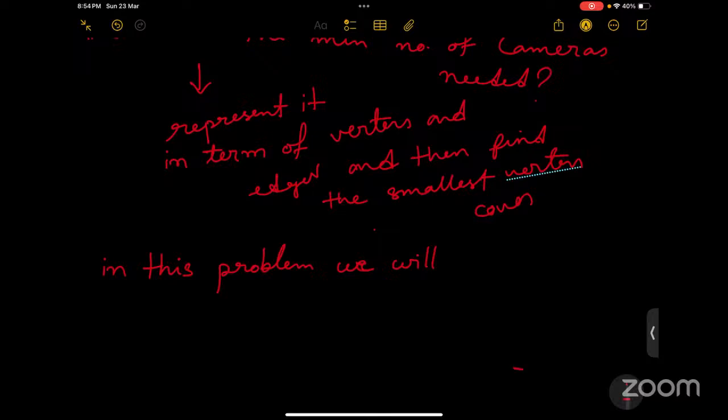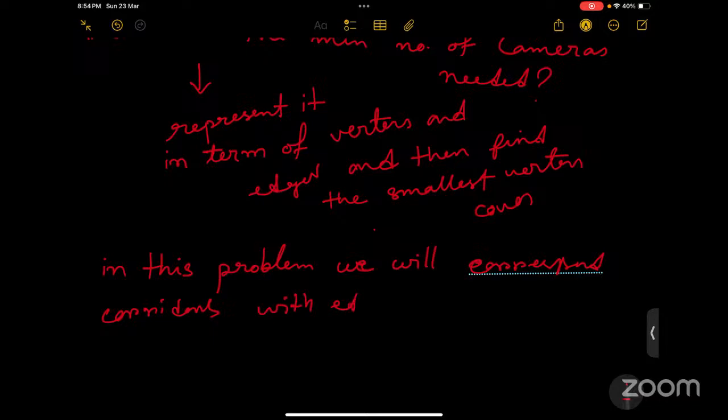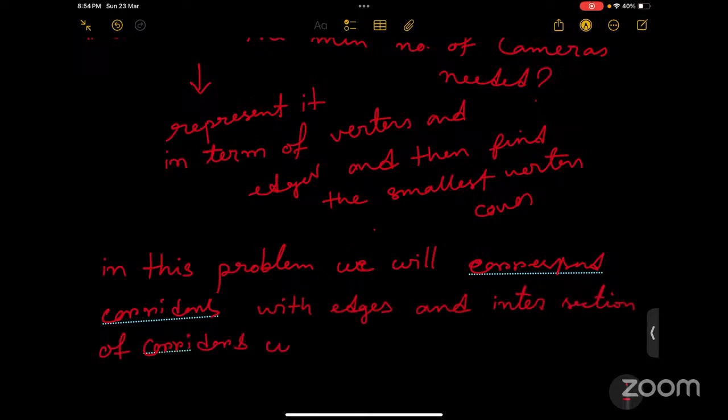Particularly in this problem, we will correspond corridors with edges and intersections of corridors with vertices.